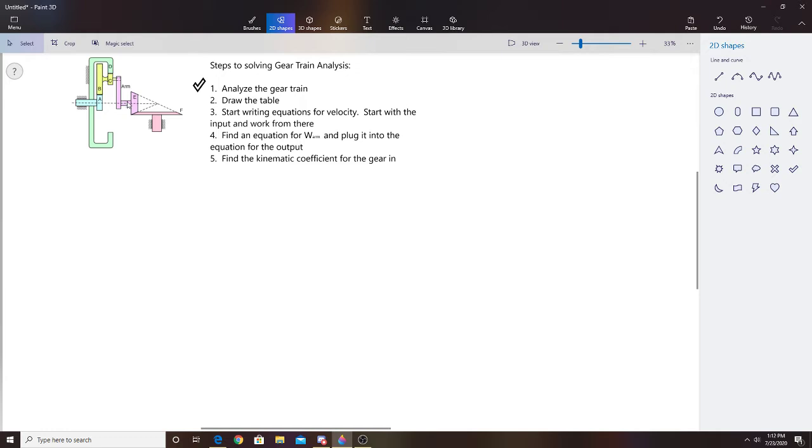If you get the velocity of A in terms of E, then since E is attached with F, you can find an equation with E in terms of F, and then substitute it in so that you have the input equation in terms of F. Do you guys see how that could work?